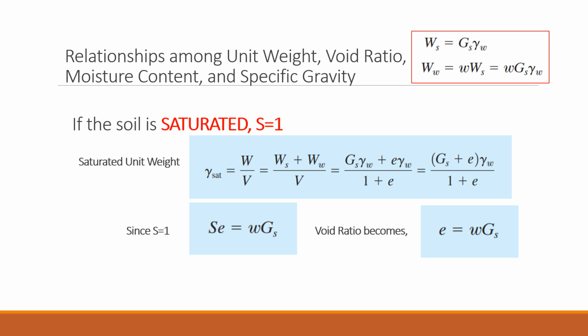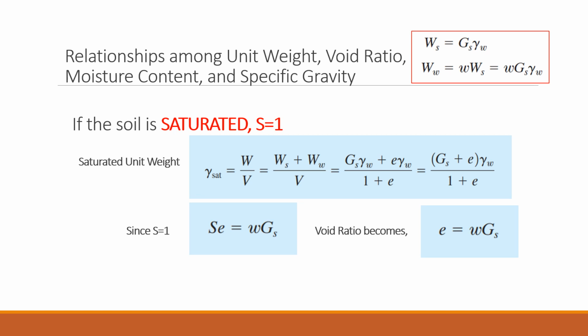Proceeding, if the soil is saturated, meaning it is wet, wherein S is equal to 1, the value for our saturated unit weight, or gamma sat, is equal to the total saturated weight over the total volume, wherein the total weight is equal to the weight of the soil plus the weight of water over the total volume.